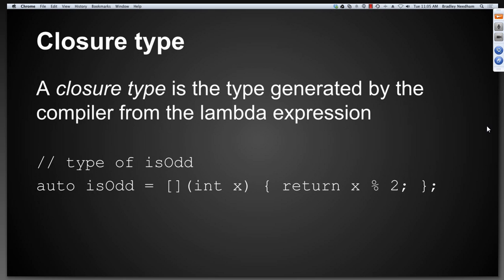To really know the distinction between them isn't all that important in most cases, but there are some cases where it is important to understand what's the compile time construct. The compile time constructs are the syntax itself, basically the expression and the closure type, and then the runtime construct is really the closure itself, basically the instance of that closure type. Okay, so basically the closure type you can just think of as what the type of is_odd here is in this case.